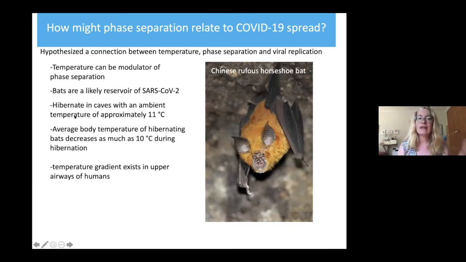And as part of their life cycle, they have a natural hibernation temperature that drops substantially and then rises again as they wake up and then are able to potentially then distribute the virus. We also know that temperature gradients exist, at least for the air temperature, in the upper airways of humans, and that there's cooler temperatures in the nasal passages as you move down, the air is warmed.